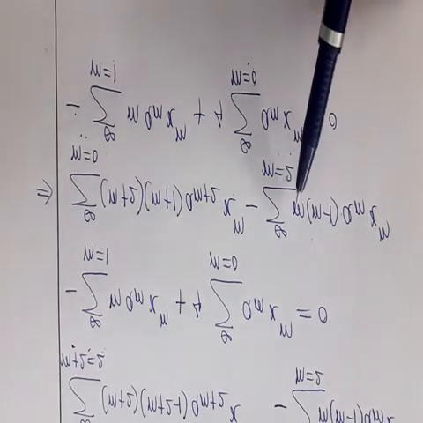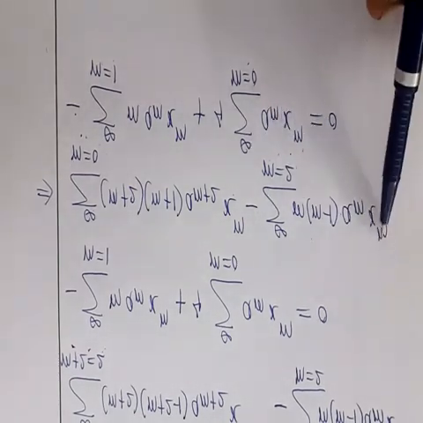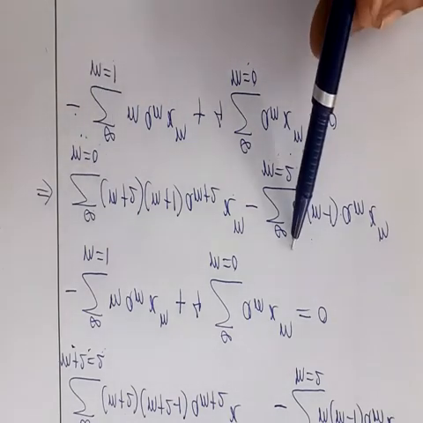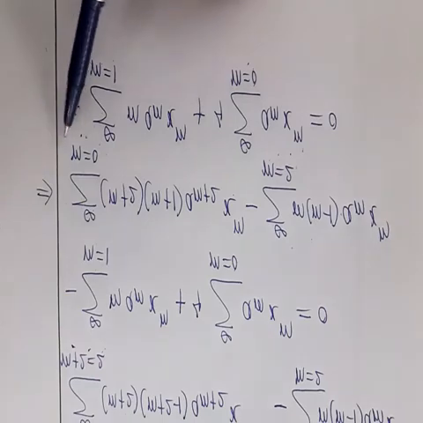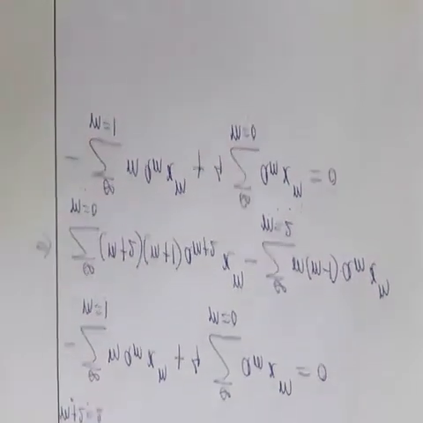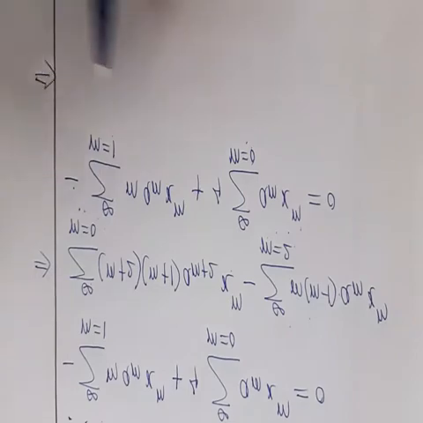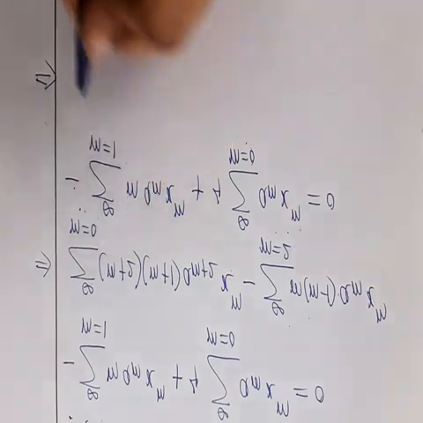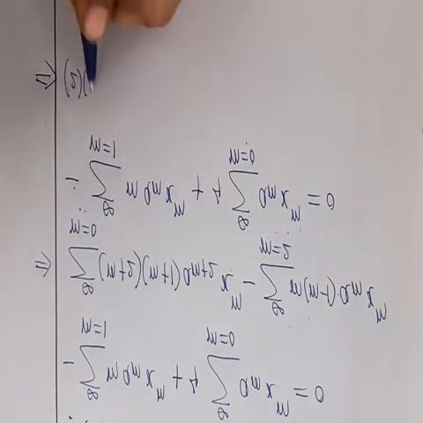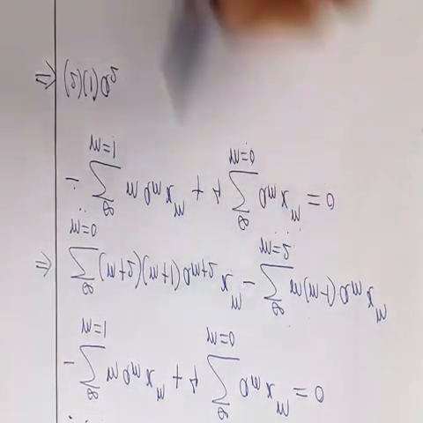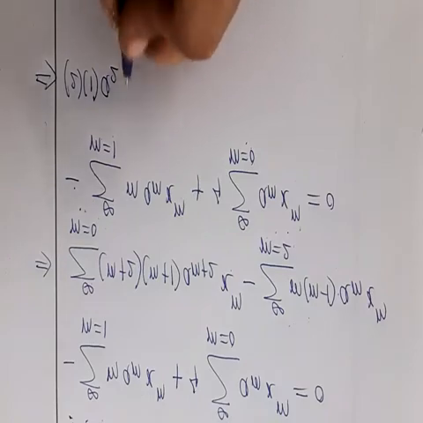So we keep this term as it is and convert the 0 to infinity summation into 2 to infinity by substituting values of m. In the first term m starts at 0. Putting m equals 0: (0+2) is 2, multiplied by 1, giving a_2, and x to the power 0 is 1.